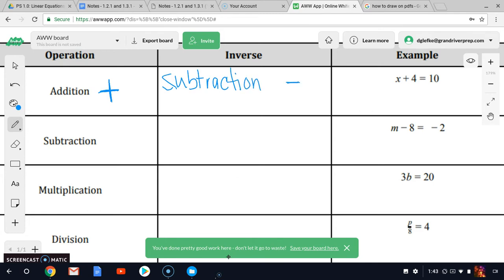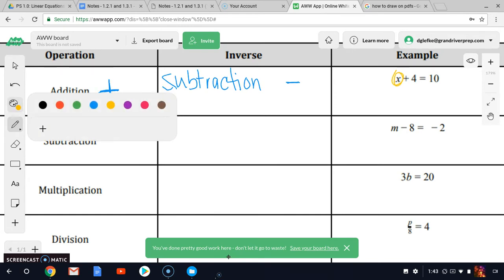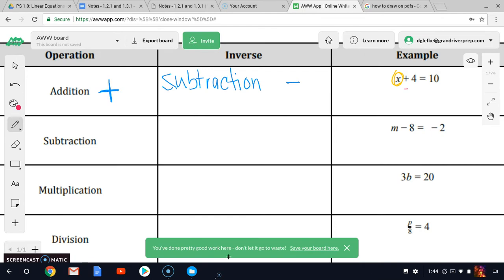That's a minus sign. So in our example, we have x plus 4 equals 10. We want to get the variable by itself. So our variable is right here. What's next to it is a plus 4. To undo that addition, we have to use the inverse of addition, which is subtraction. So we're going to subtract 4 from this side. And to make sure that we keep it equal, we're going to subtract 4 from the other side as well.